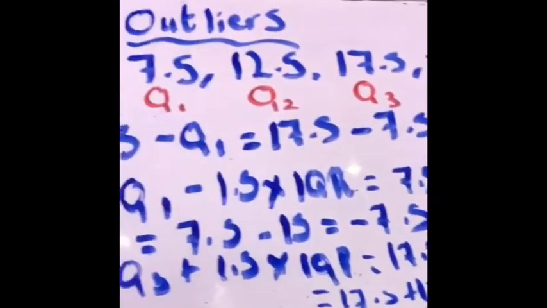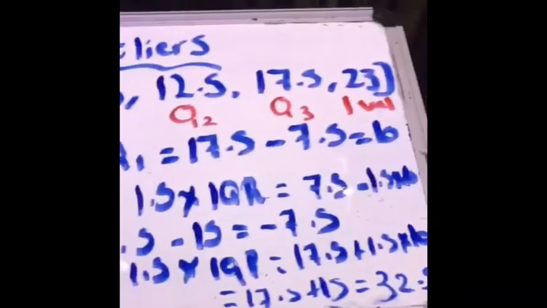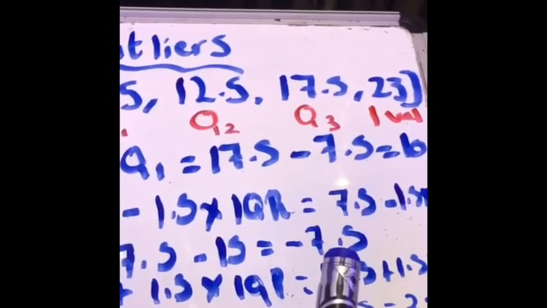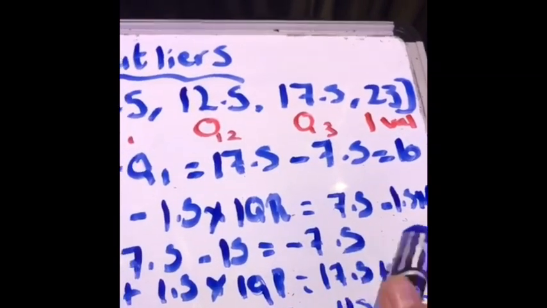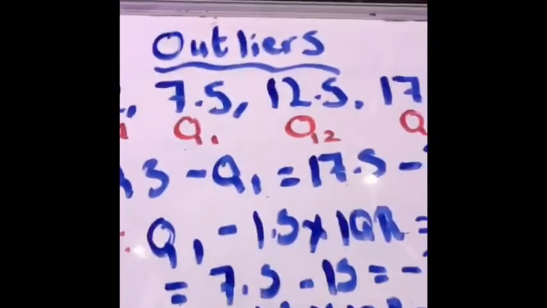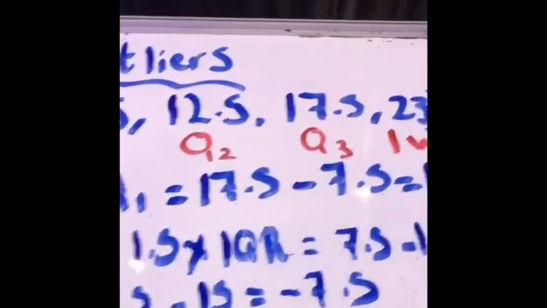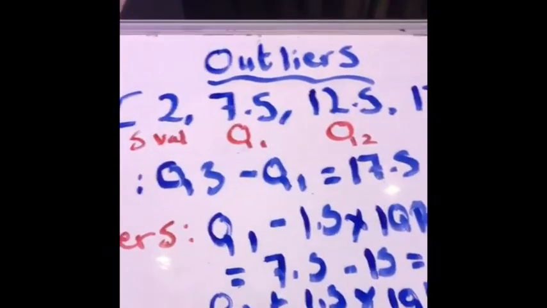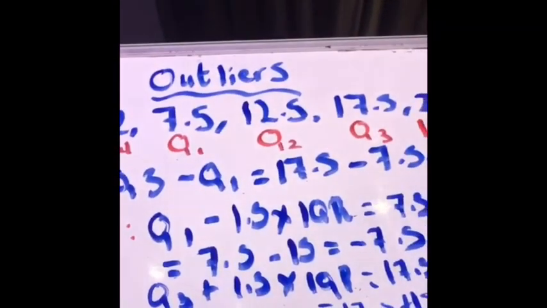As we can see, the outliers are any number from 32.5 and larger, and any number from minus 7.5 and smaller. So here the smallest value is 2, so it is not an outlier, and the largest value is 23. So this data does not have any outliers.